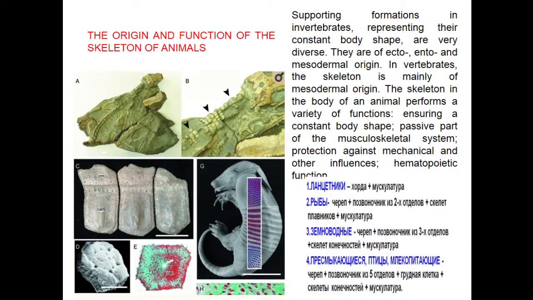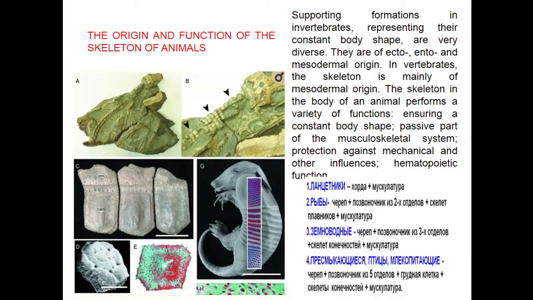For example, the lancelet has a notochord and muscles. Fish have a skull, vertebrae from two parts, and muscles.